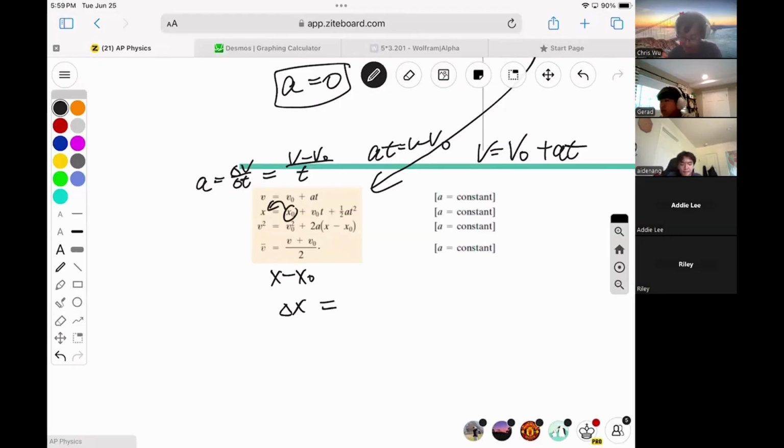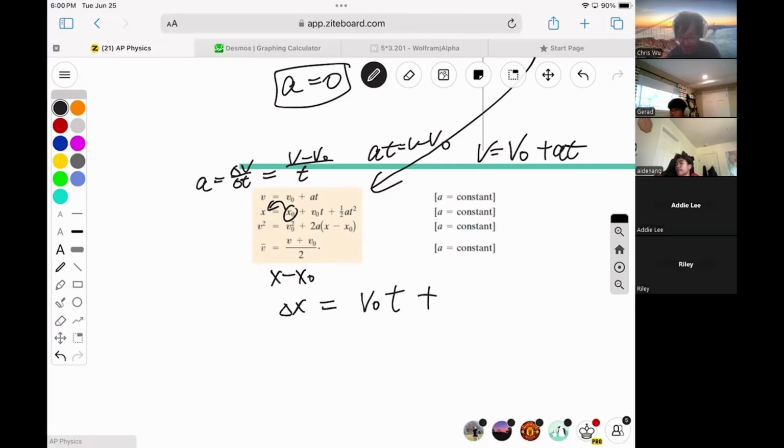And we know the displacement would be like, how far have I traveled? So if I have an initial velocity, v0, and for the entire time period I'm traveling with that initial velocity, right? But on the other hand, I will also have my ending velocity.